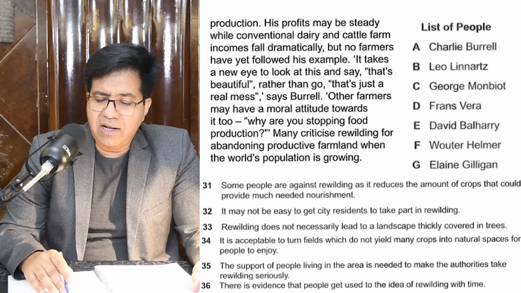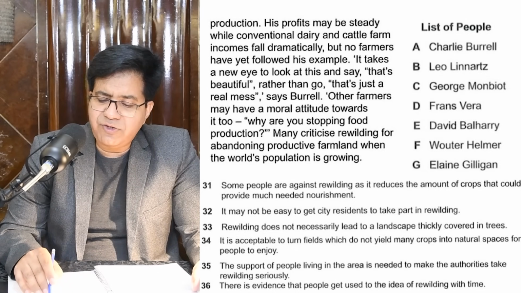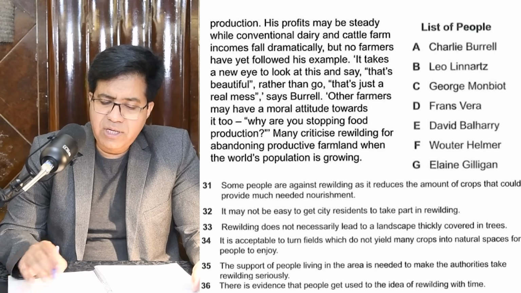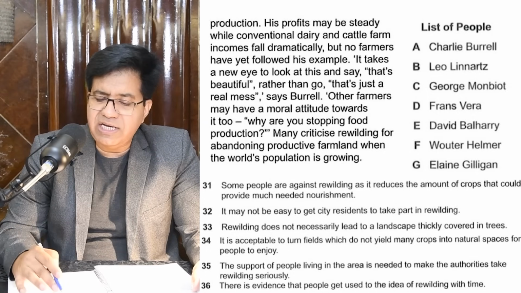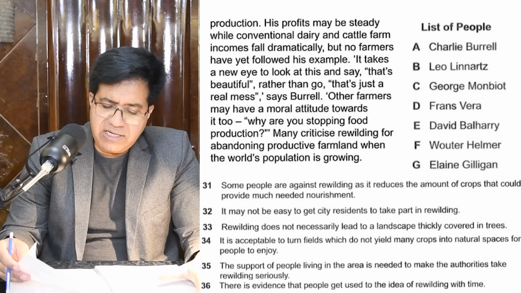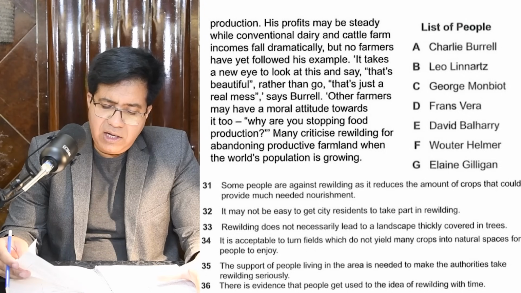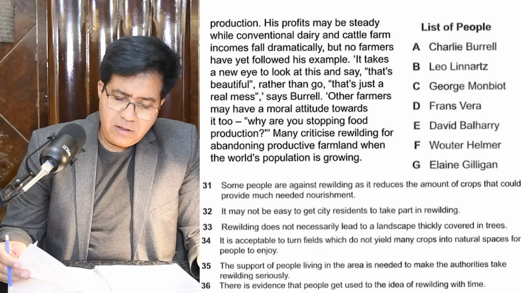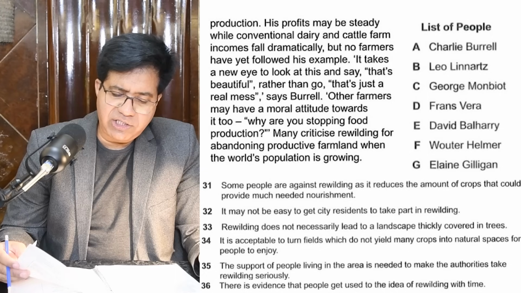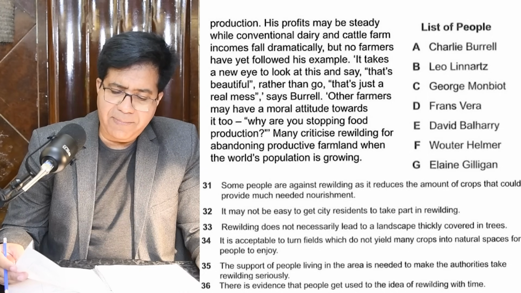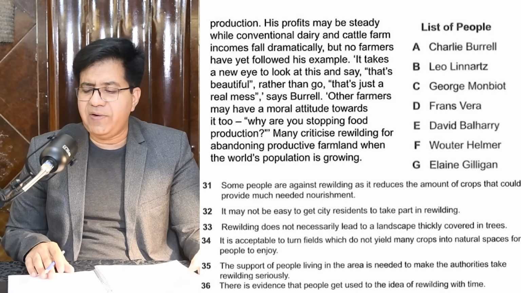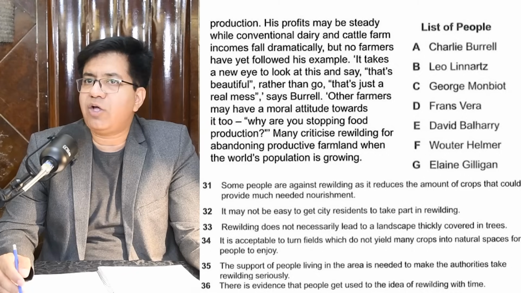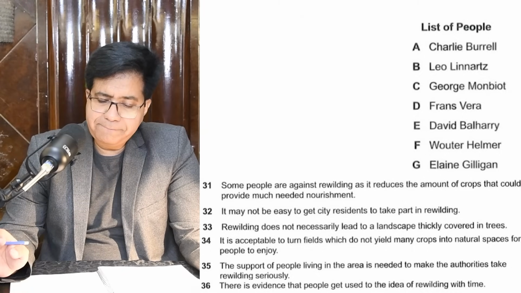Some people are against rewilding as it reduces the amount of crops that could provide much needed nourishment. For much needed nourishment, they use this word here. Yes, the world's population is growing and we need productive farmland and all that. So question number 31, correct answer is option A.